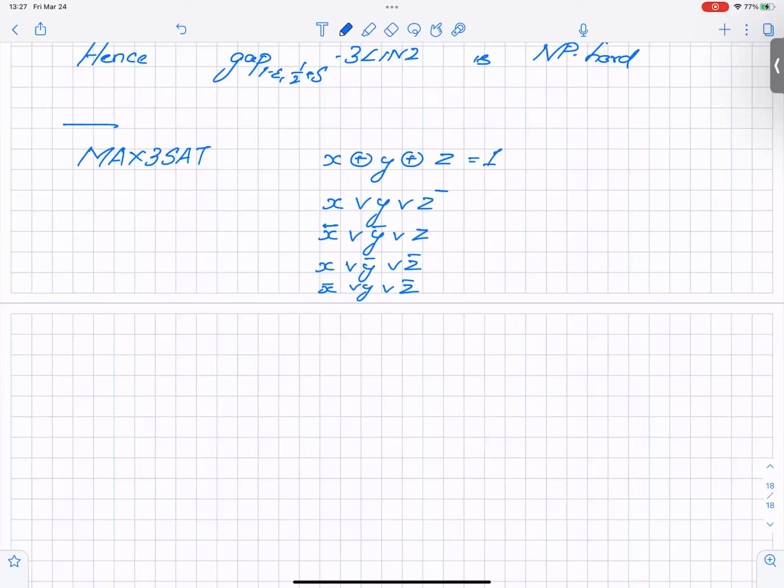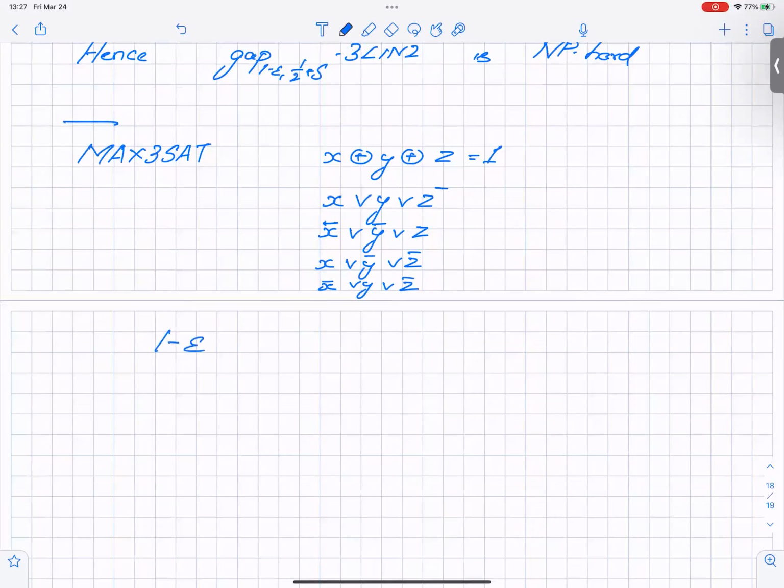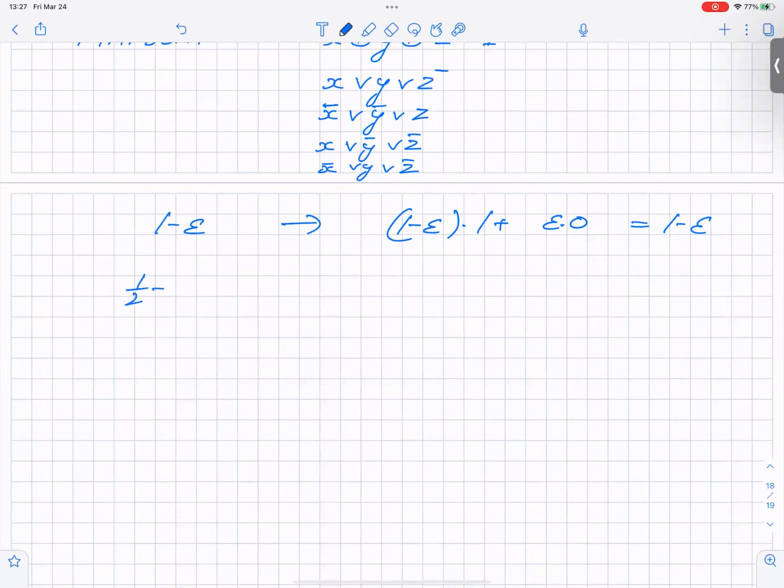Now, if it's satisfied with 1 minus epsilon probability, this will also be satisfied with 1 minus epsilon probability because all the 1 minus epsilon will be satisfied. It's half plus delta. The half plus delta is each one of them, 3 out of 4 will be satisfied. So 1 minus epsilon will go to 1 minus epsilon into 1, and I don't care about the rest, that is 1 minus epsilon. The half plus delta possibly go to 3 out of 4. 7 by 8 plus 3 by 4.